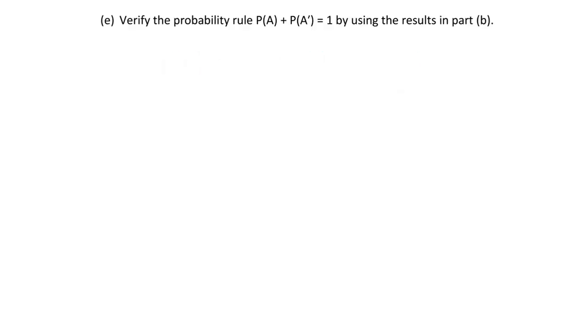Part E of the question, verify that the probability rule, probability of A plus probability of A complement equals 1 by using the results in part B. Okay, so for this one, we are going to let probability of both black equal probability of A, which equals 13 over 30, as calculated in part B above. Now probability of A complement will be the sum of all probabilities remaining from the diagram.